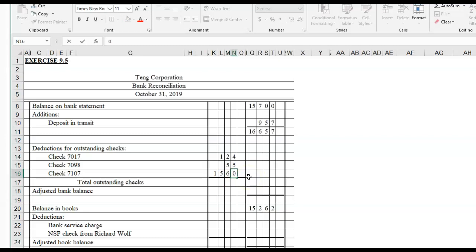Okay, so what you do is you're going to add up your outstanding checks where it says total outstanding checks. This is where we're going to put the total so that we can do the subtraction. And that would be 1,739.